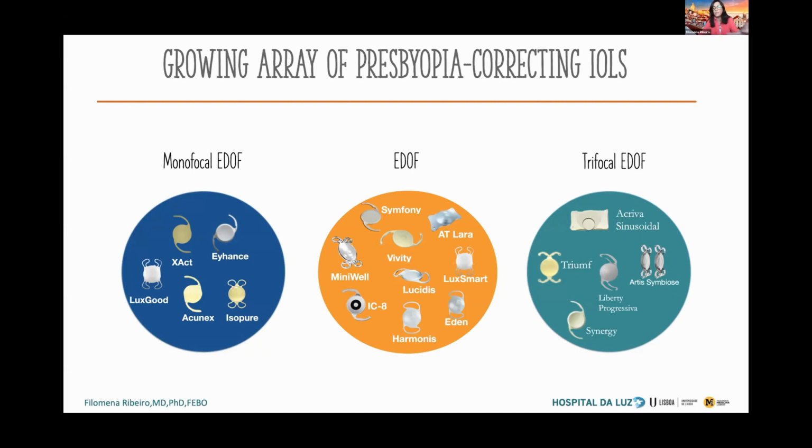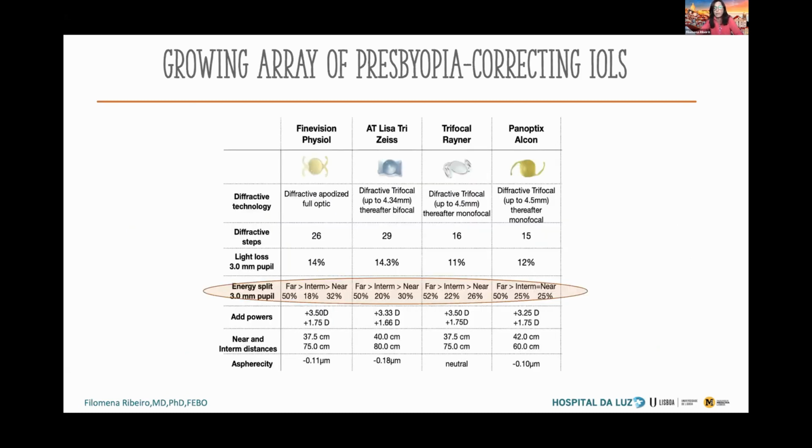So we should understand and know all of these IOLs to know which one will fit my patient better. If we look, for instance, at the same group of IOLs, and these are all trifocal IOLs, we can see that they have a different split of energy for far, intermediate, and near vision. So we need to understand that to choose the best solution for our patients. And they also have different points of best focus for near and intermediate vision.